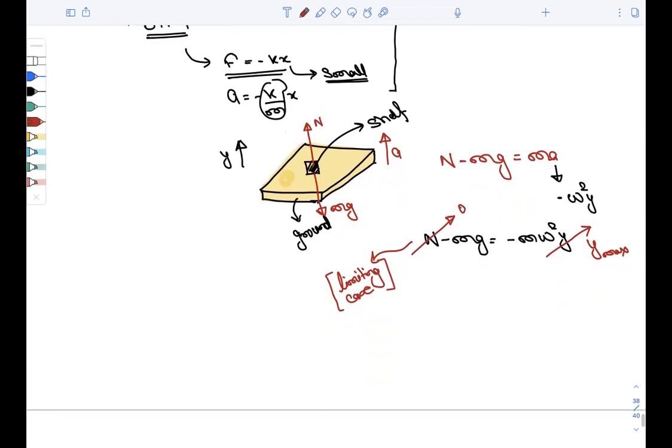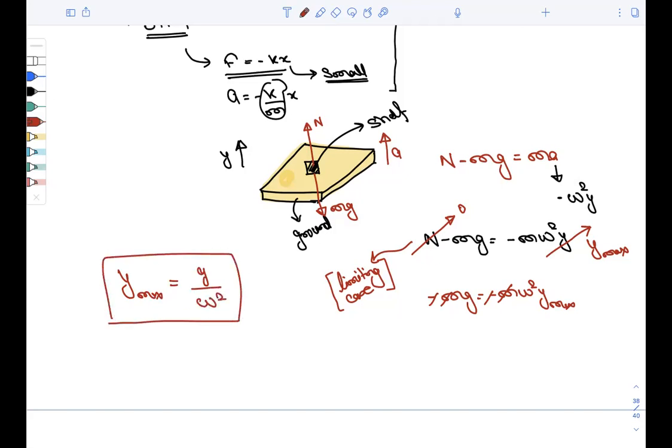So from here you can see that minus mg equals minus m omega square y maximum, the m and minus cancel out, and y max equals g by omega square. And in the question, g is mentioned there.